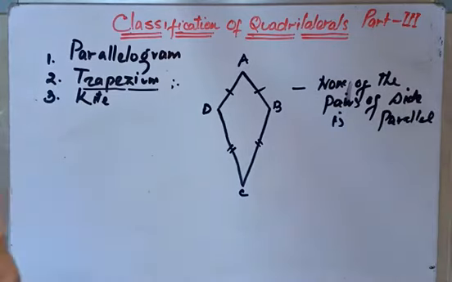One of the most important properties of the diagonals of this kite is that the larger diagonal, so that means here the larger diagonal is AC, is the perpendicular bisector of the shorter diagonal.